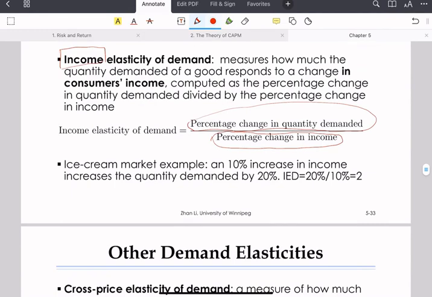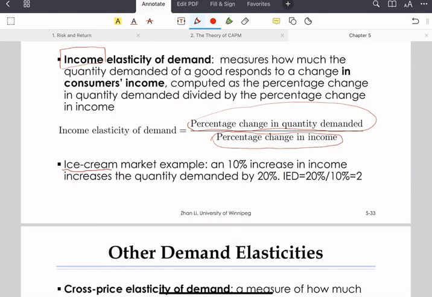Importantly, I want to emphasize that you have to pay attention to the sign of the income elasticity of demand. Here you can see that ice cream is a normal good, because if you increase income, quantity demanded increases. So you will get a positive income elasticity of demand.